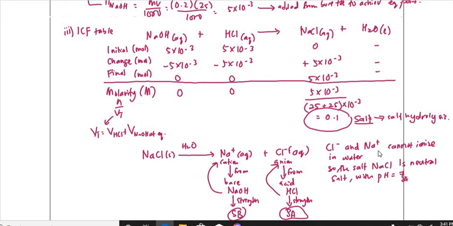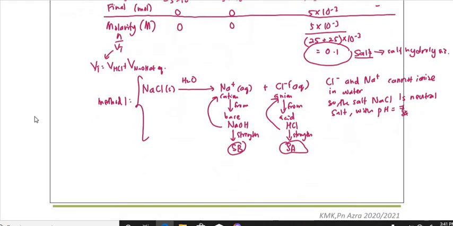Okay. Dan ini adalah method yang pertama. Okay, all this we call as method yang pertama untuk tentukan pH pada neutral salt. Okay. Method yang kedua saya nak tunjuk untuk membuktikan dia juga pada pH 7 is you guna formula water dissociation constant.